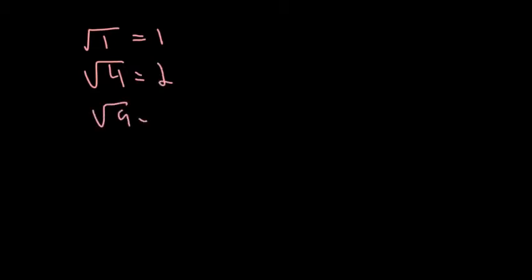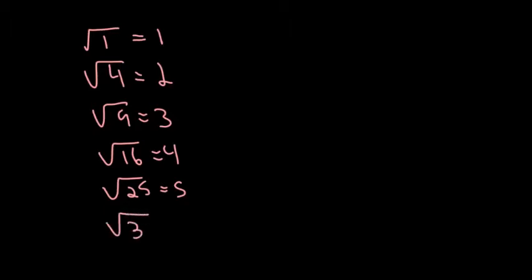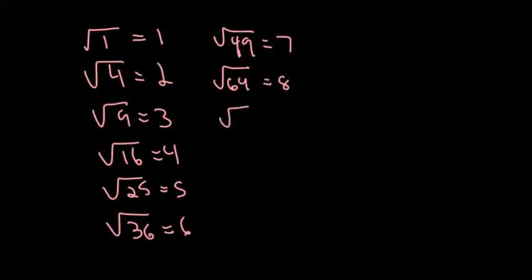Square root of 9 equals 3. Square root of 16 equals 4. Square root of 25 equals 5. Square root of 36 equals 6. Square root of 49 equals 7. Square root of 64 equals 8. Square root of 81 equals 9.